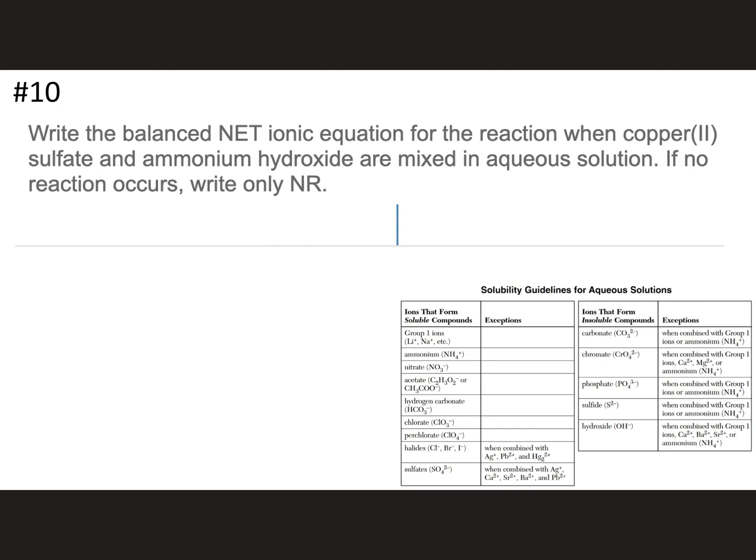For question 10, we're asked to write the balanced net ionic equation. The difference here with a net ionic equation is that we're going to remove spectator ions. Copper 2 sulfate, so copper is 2 plus, sulfate is 2 minus, would simply be CuSO4, and ammonium hydroxide, ammonium is NH4, hydroxide, are mixed in aqueous solution.